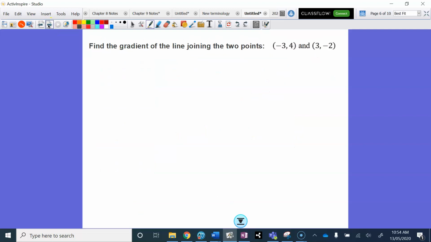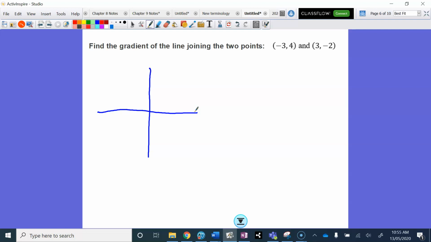If you were just given a question like this one that says find the gradient of the line joining those 2 points, one possible way to start is to draw yourself a little sketch and see what that looks like. Where are those 2 points, and then can I calculate the distance between them in terms of rise and run.